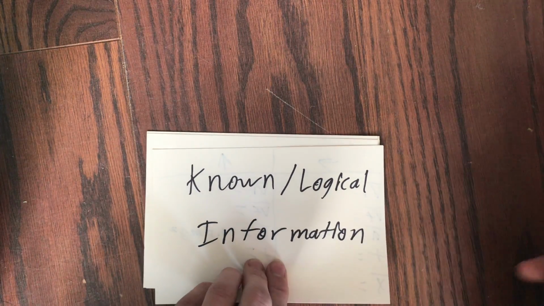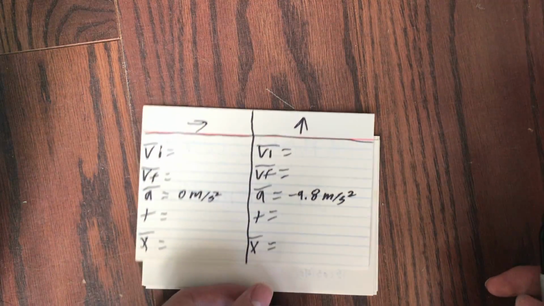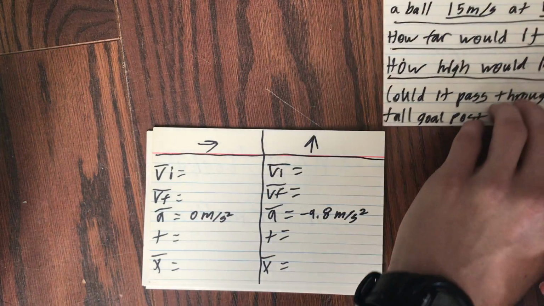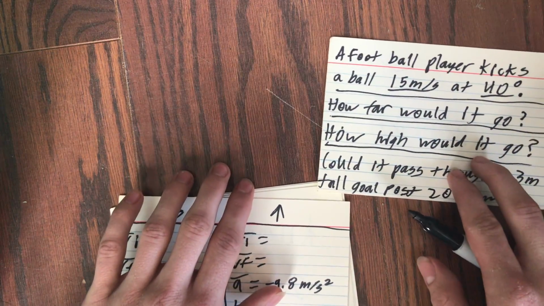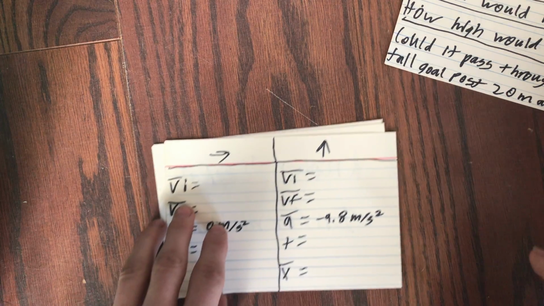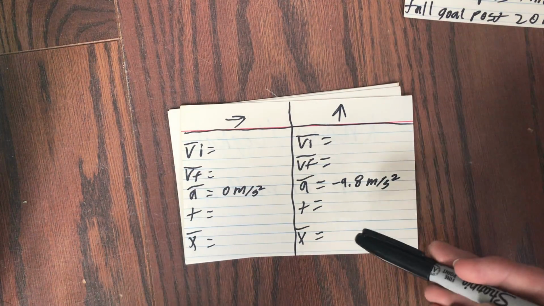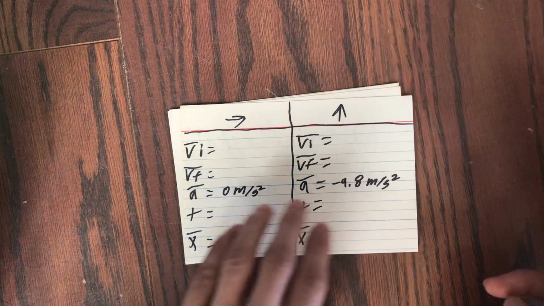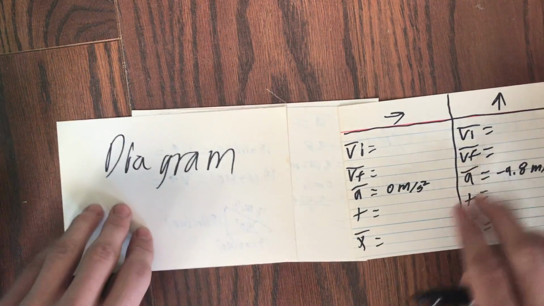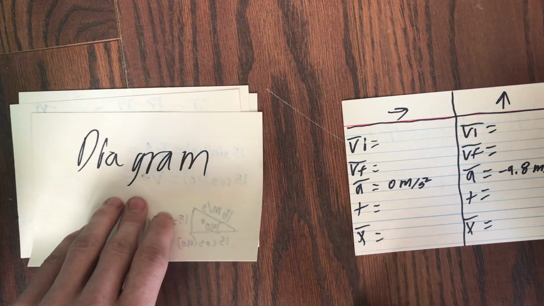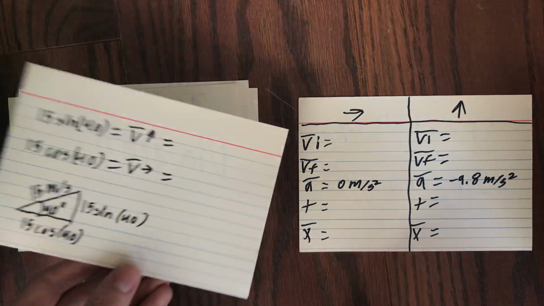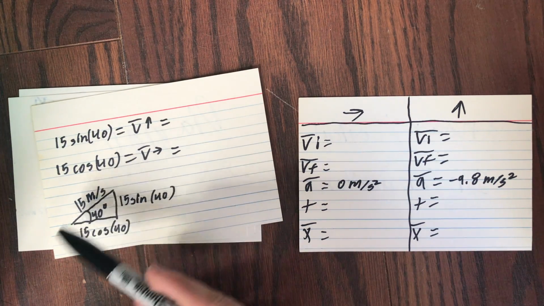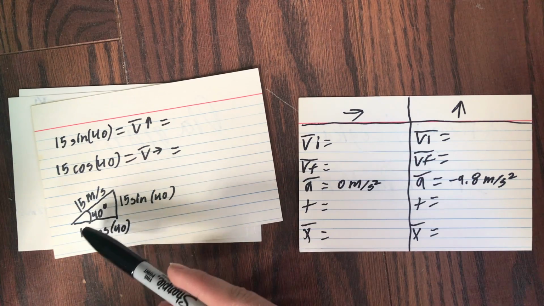All right, so first, known and logical information. So as of current, other than the fact that it's going 15 meters per second at 40 degrees, we don't really know anything other than that, and also what the accelerations are going to be for the vertical and the horizontal. So what we're going to need to do is draw a diagram just to show this. We just draw a triangle, 15 meters per second over here, and then 40 degrees here.